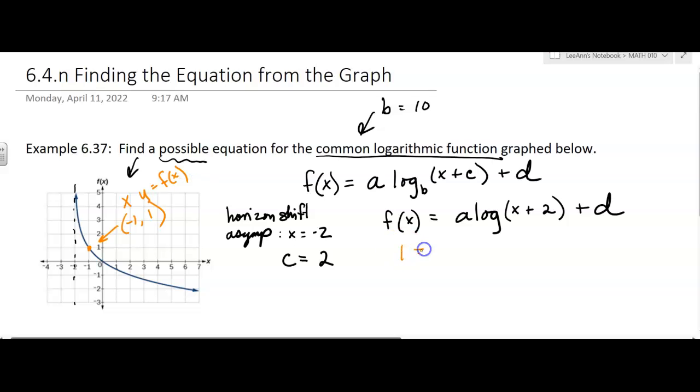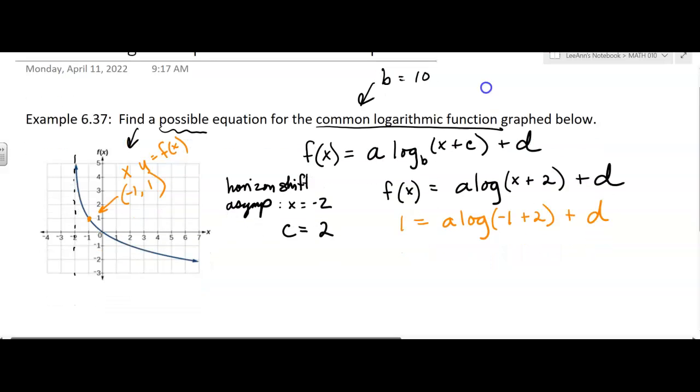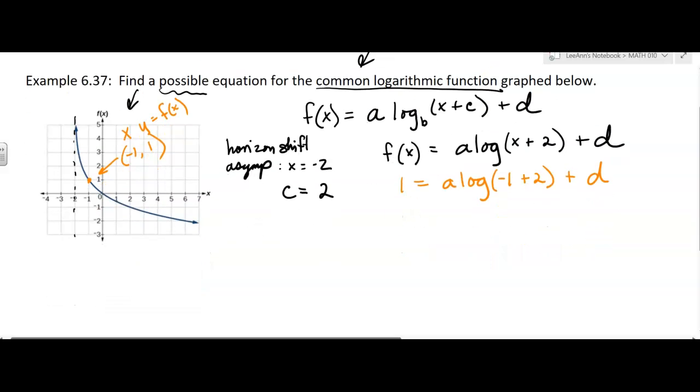So 1 equals a log, let's see, we're putting in a -1 for x. Okay. So we get 1 equals a log 1 plus d.